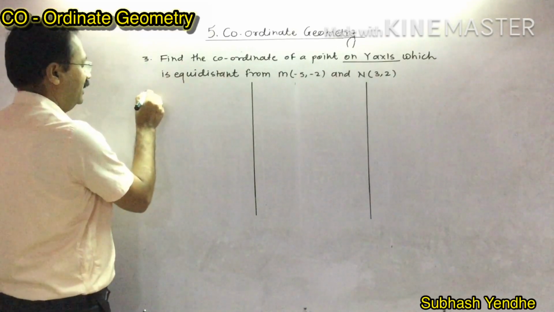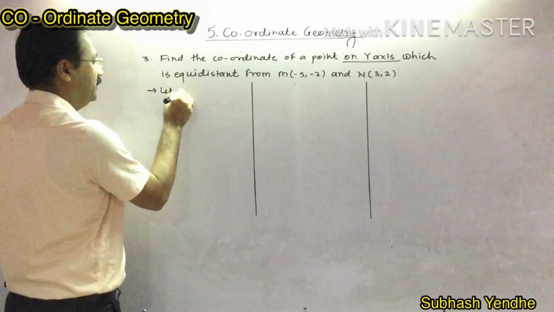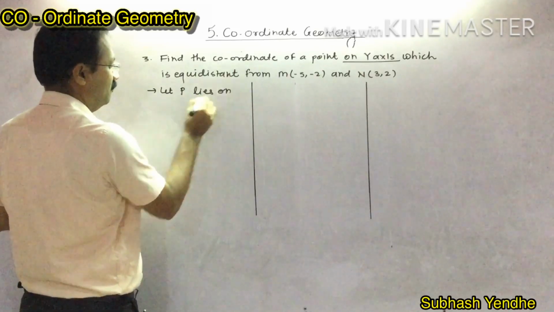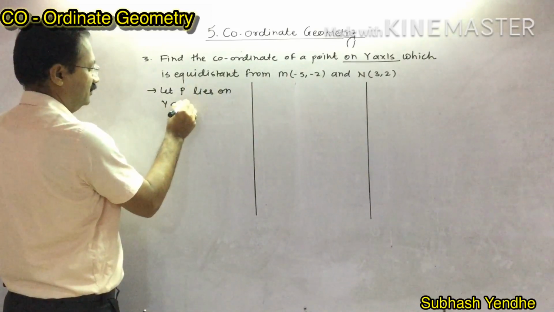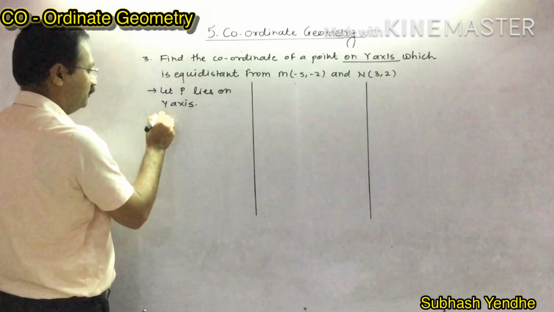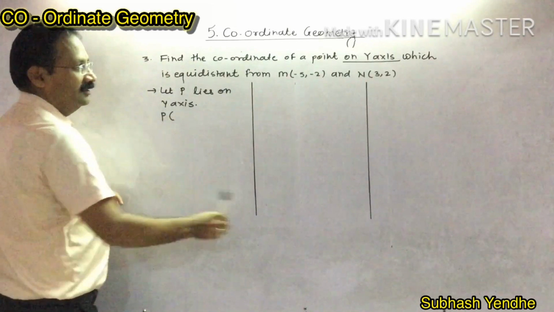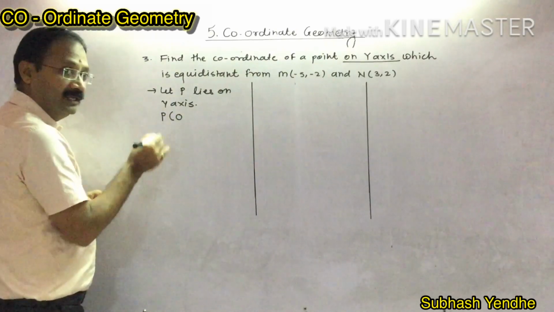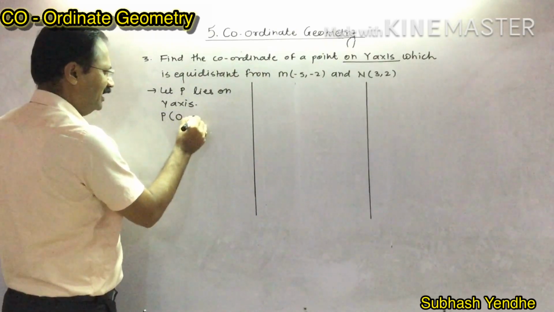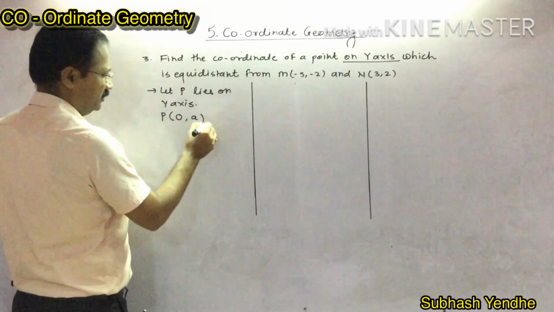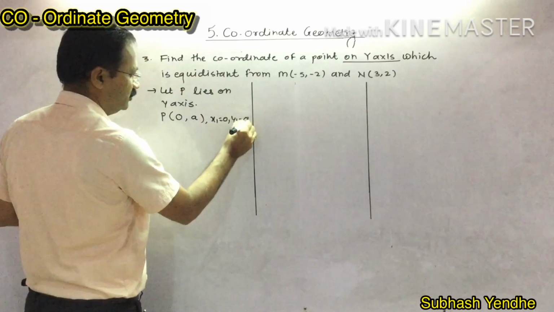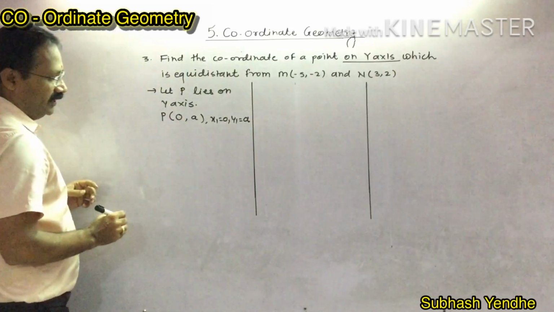Let here P be a point which lies on the y-axis. So P's coordinates are, since it lies on the y-axis, x will be 0 and let y be a. So x1 equals 0 and y1 equals a.